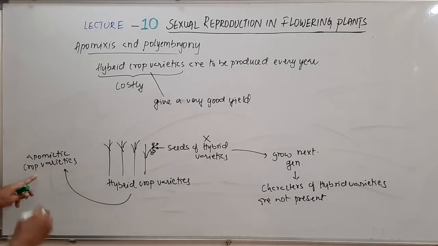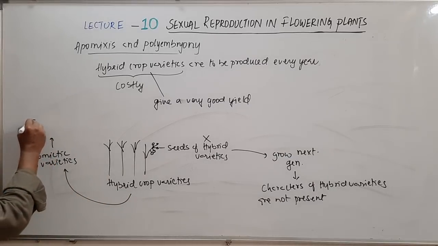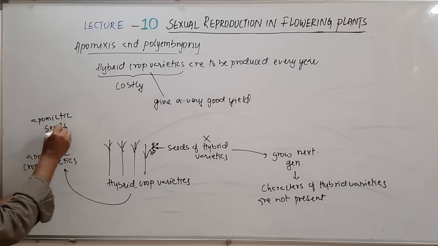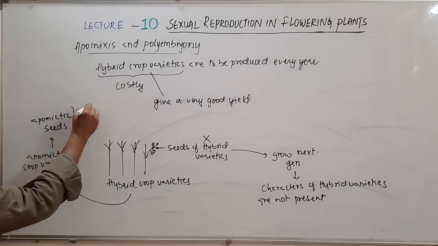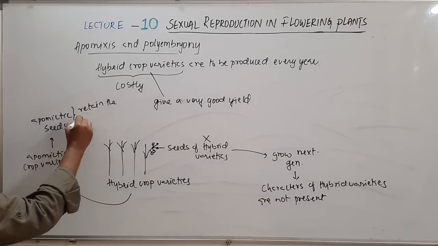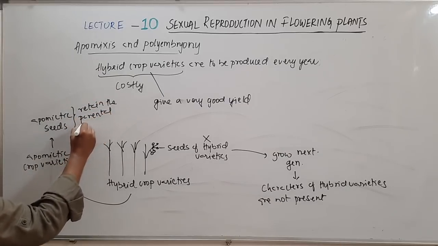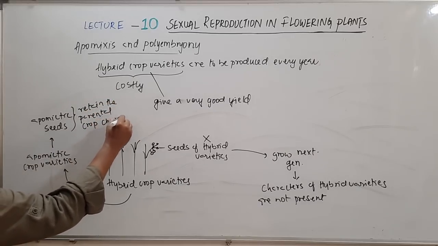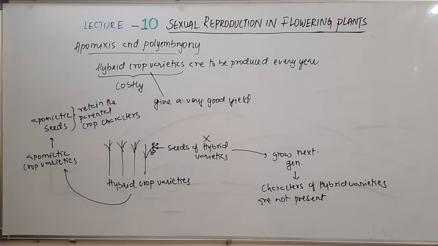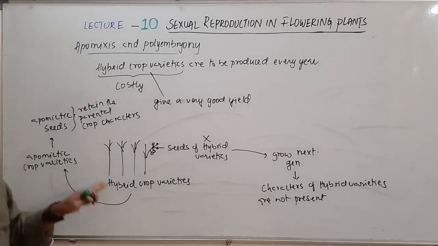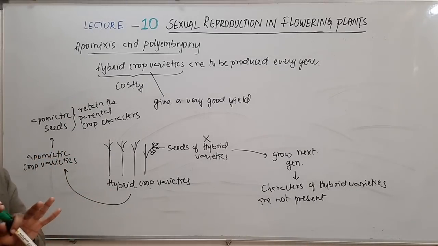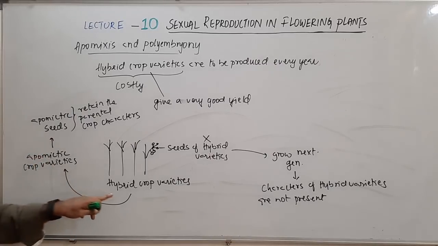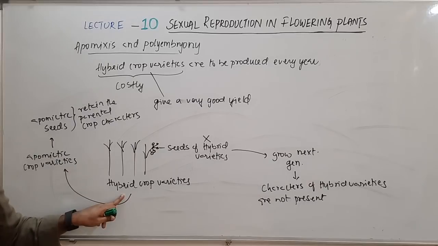These apomictic crop varieties will produce apomictic seeds, and these seeds will retain the parental crop characters. None of the parental crop characters will be lost, and these apomictic seeds will be the same as those of the hybrid crop varieties.